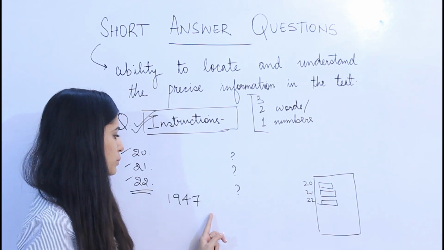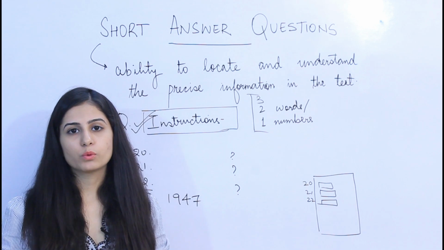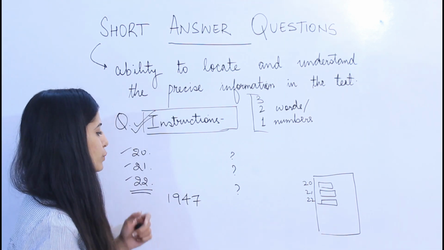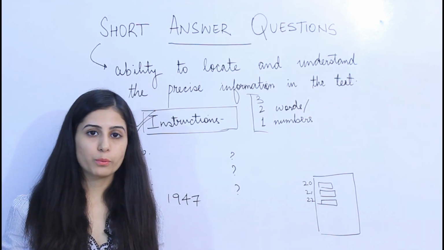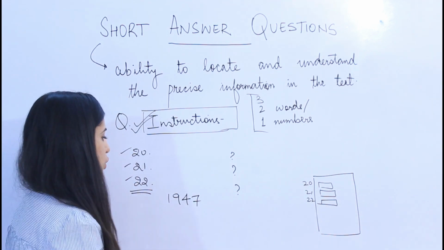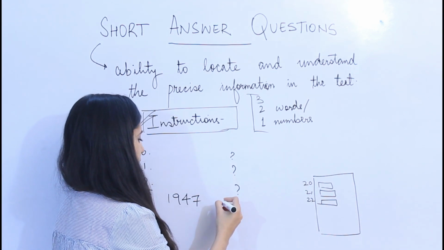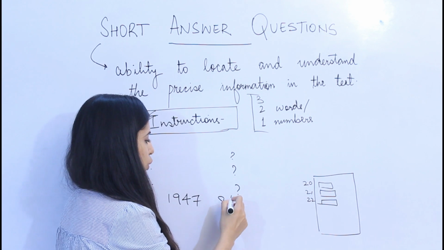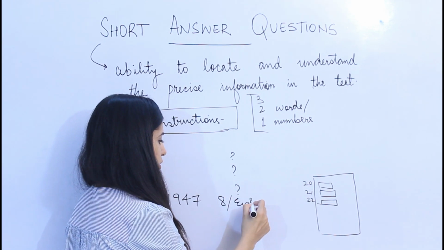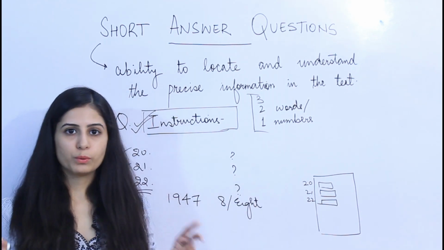Would you write the numbers? Would you write the figures? Would you write it in words? How would you write it? It's your choice. The answer is going to be correct either way. So you can also write, for example, the answer is 8. You can write 8 or you can write EIGHT. Both answers would be correct.